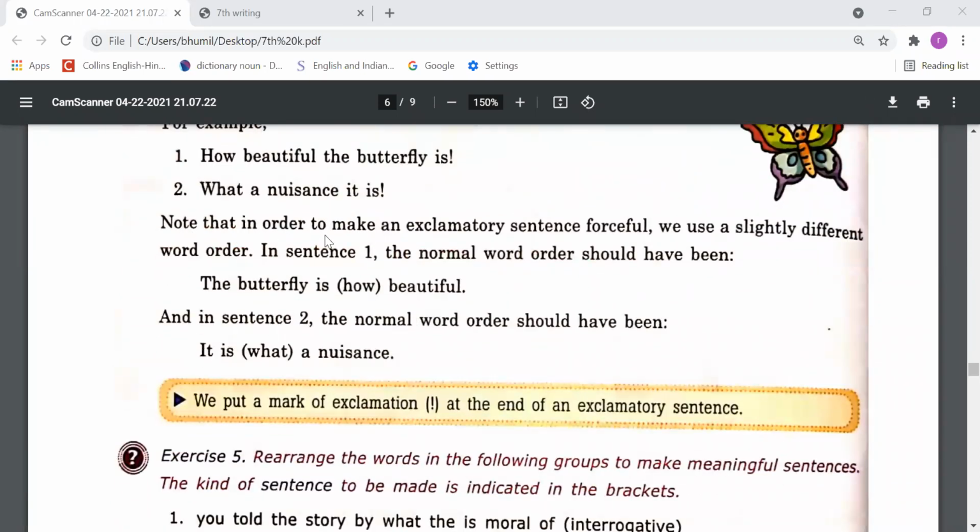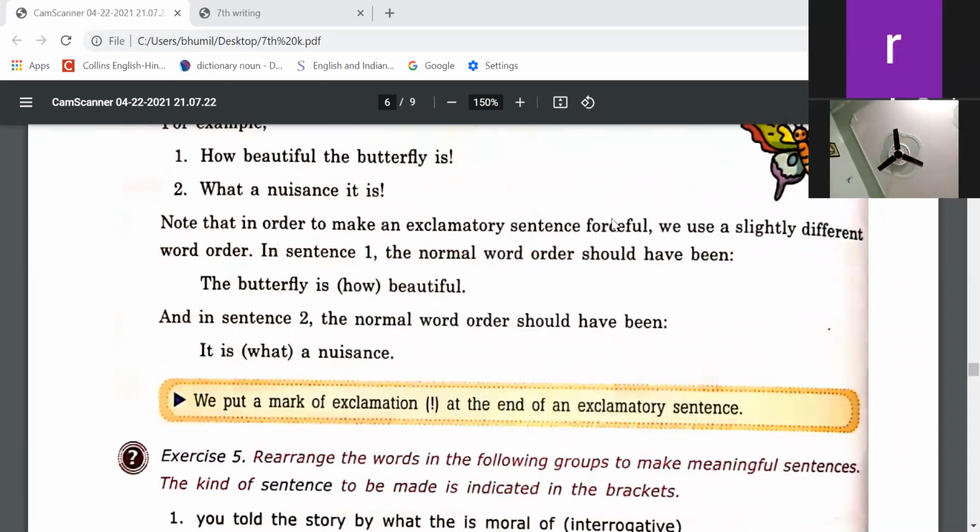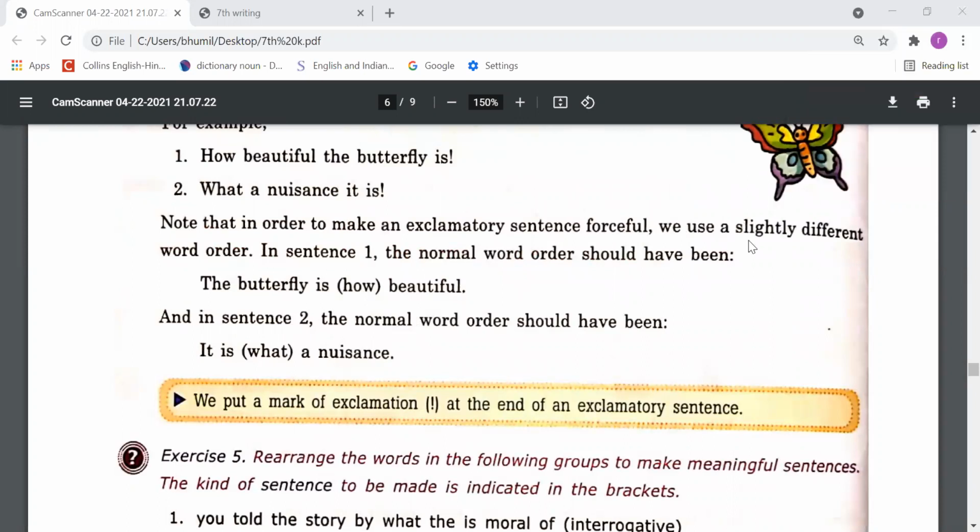Note that in order to make an exclamatory sentence forceful, we use a slightly different word order. In sentence one, the normal word order would have been "The butterfly is how beautiful." And in sentence two, the normal word order would have been "It is what a nuisance." So whenever we make an exclamatory sentence, we need to change the word order, right?